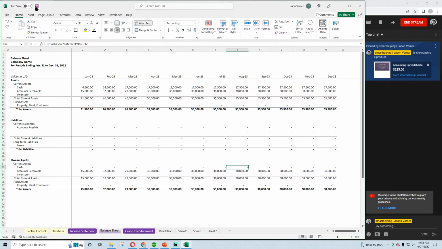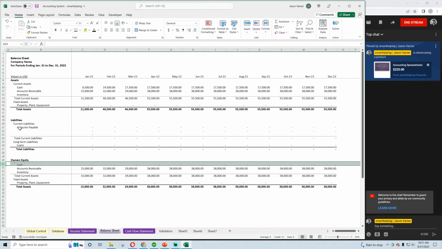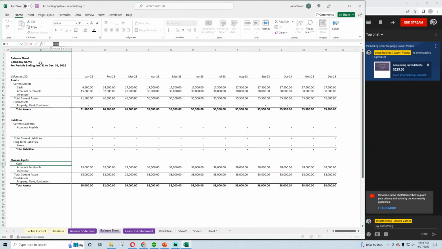Owner's equity. All we have now for owner's equity would be retained earnings, common stock, and we'll get more into this later. We'll put some fillers in here.